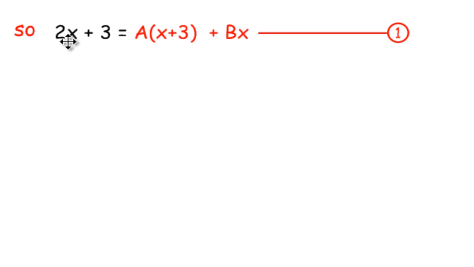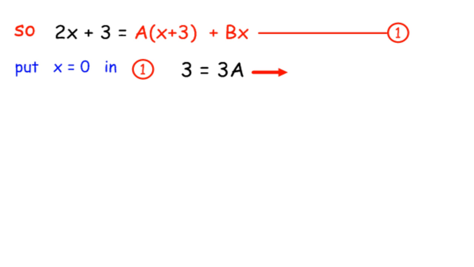Fitting in first of all x equals 0 will make this last term 0, and this will be 3a, and 0 on the left hand side will give this to be 3. So by fitting in x equals 0 into this equation, we get that 3 is equal to 3a, so that a must be 1.